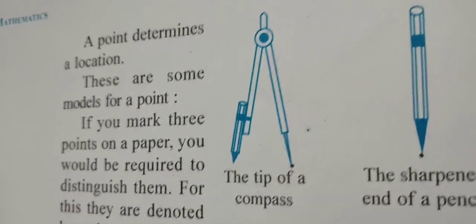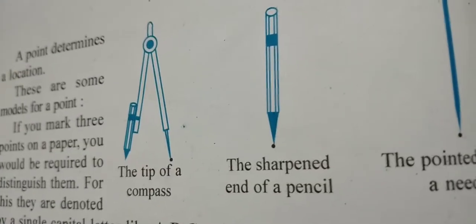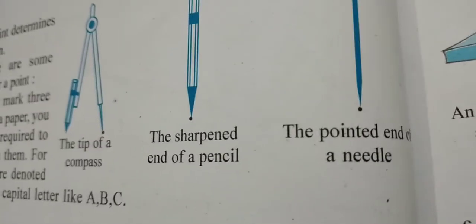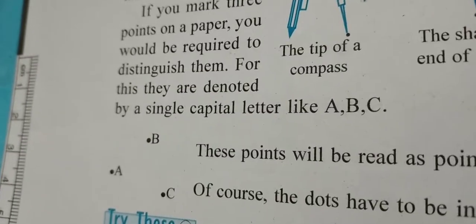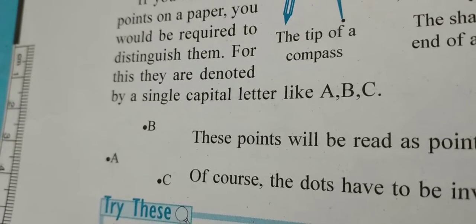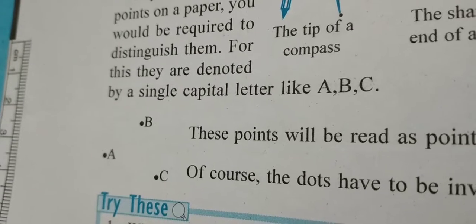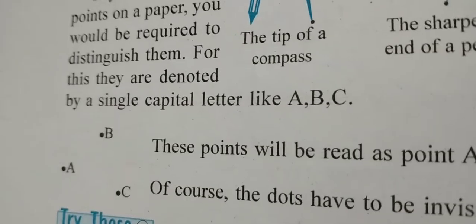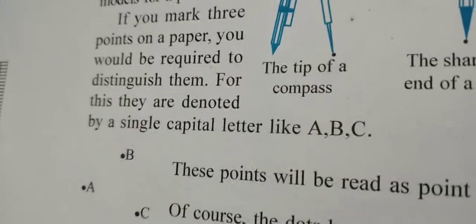Look here: the tip of a compass, the sharpened end of a pencil, the pointed end of a needle. If I plot points like this, to distinguish them we need to name them. A single capital letter like A, B, C or P, Q, R, we can name these points.